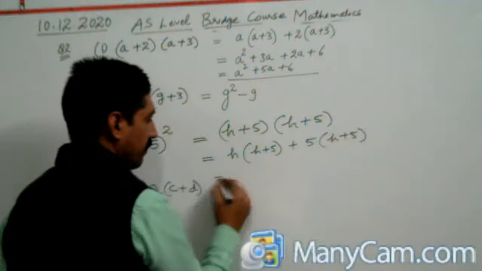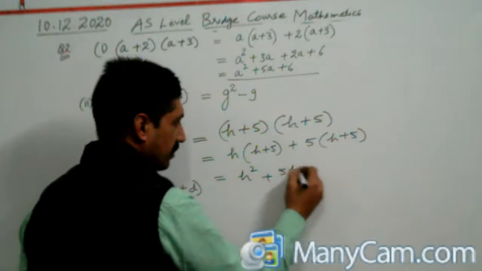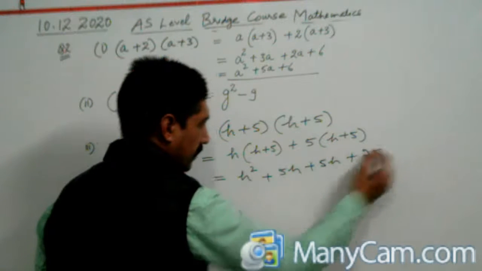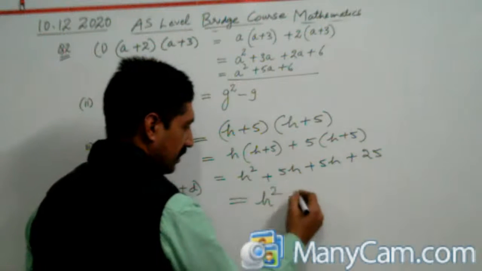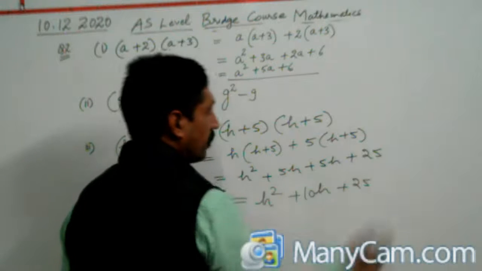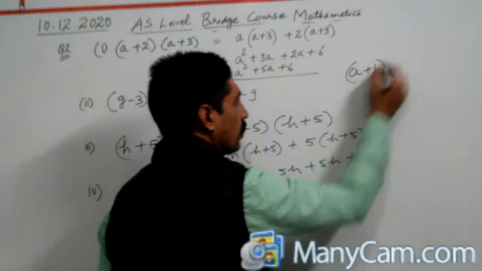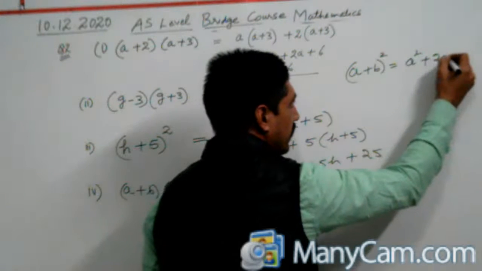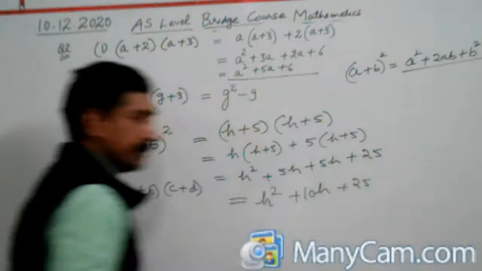So what we have is h square plus 5h plus 5h plus 25. So here the final answer is h square plus 10h plus 25. Okay, or we can apply the formula also direct. A plus b whole square is equal to a square plus 2ab plus b square, right?